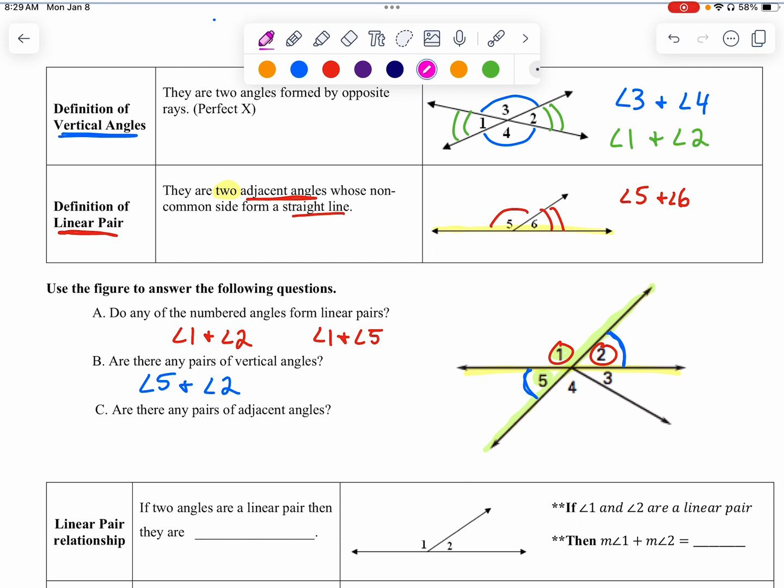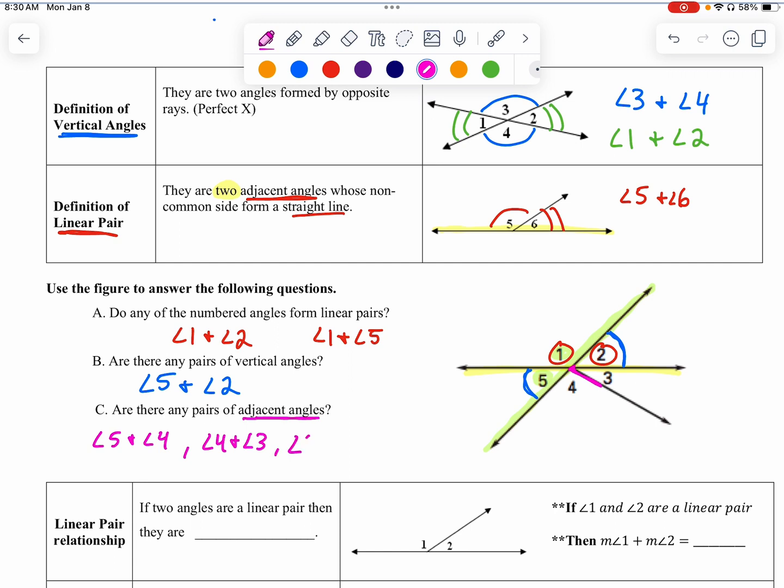Oh, adjacent. Looks like we've got a lot of angles, so we're just going to list a couple of them. These are angles that share a vertex and a side. Like angle 4 and angle 5, they share a side and a vertex. Angle 4 and angle 3, they share a side and a vertex.